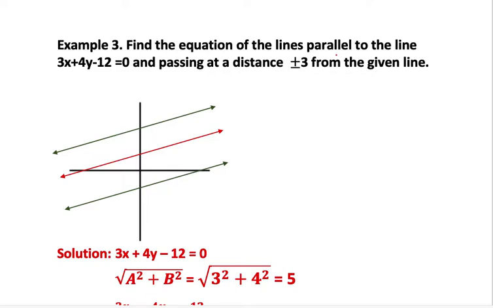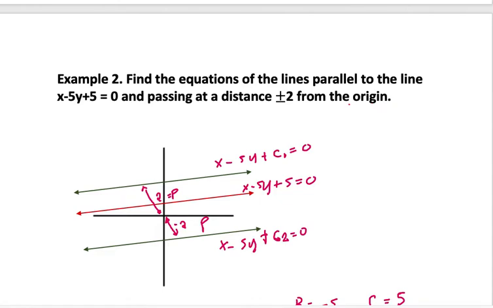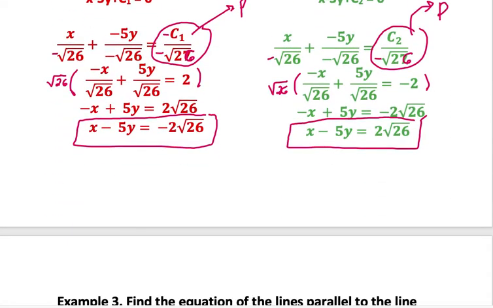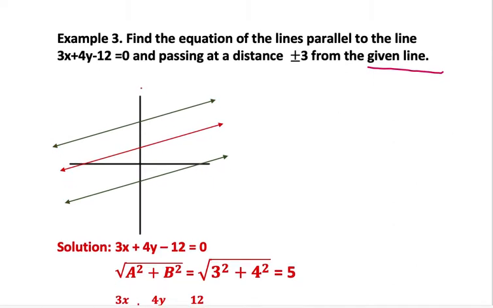This is different from example number 2 because in example number 2, the distance is from the origin, while in example number 3, the distance is from the given line. So in other words, let us use the illustration here. The red line here is the equation 3x plus 4y minus 12 equals 0.